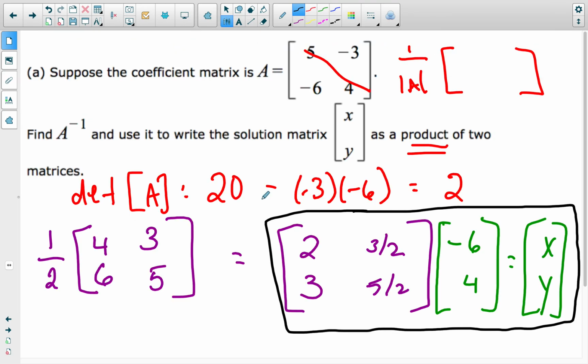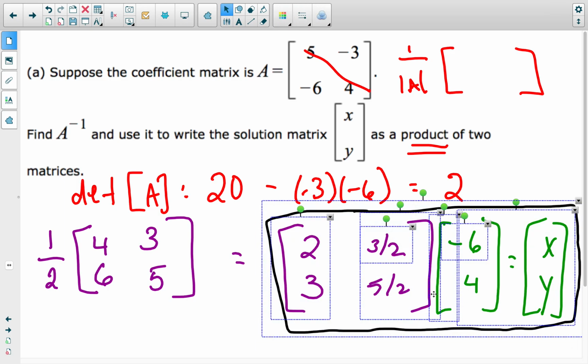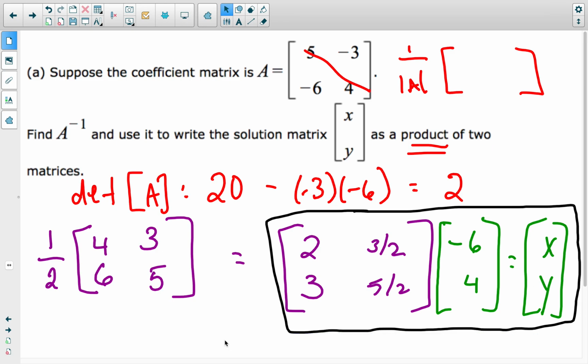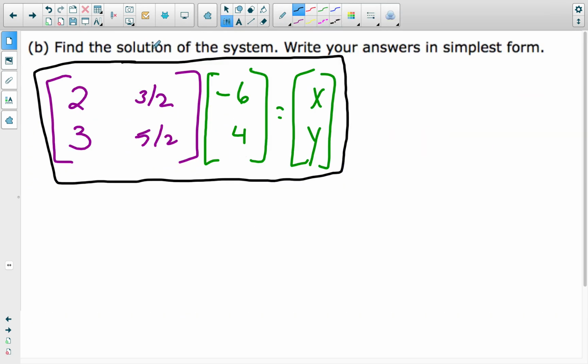All right, so I'm going to see if I can just copy this from one page to the other so that I don't have to rewrite it. All right, there we go. It is there. And so now we're going to do our matrix multiplication. This is where we've got to be super, super careful. Take our row times our column.